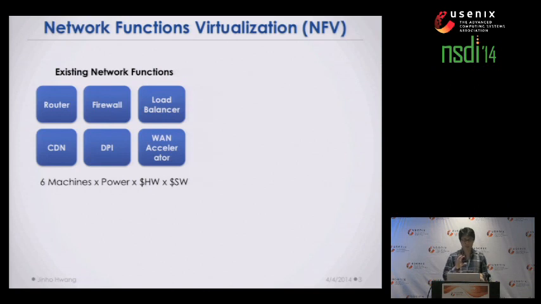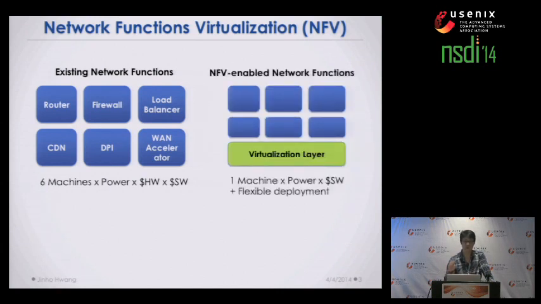If these functions come with special hardware, we have to pay a lot of cost, like 6 machines, times power, times hardware cost and software cost. But instead, if we have a virtual platform, you deploy these functions on top of the virtualized platform, you can dynamically deploy them, and you pay a much lower cost, like 1 machine and the power, the software only.